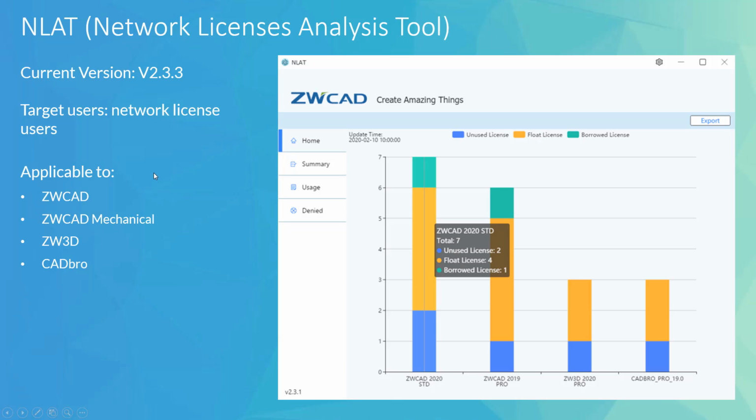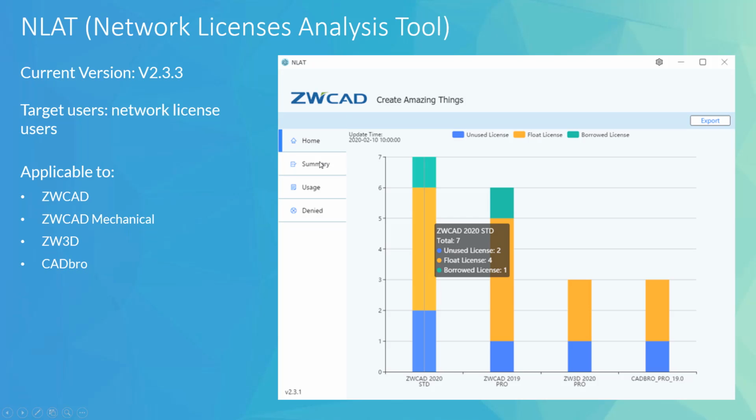So here we would like to introduce two tools. The first is LLAT. This is for analyzing the network license usage. It can be used for all these ZWSOFT products: ZWCAD, ZWCAD Mechanical, ZW3D, and CAD Pro.